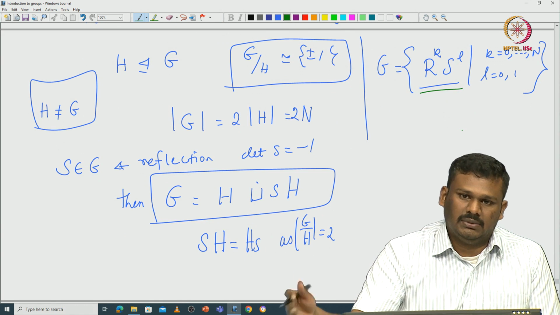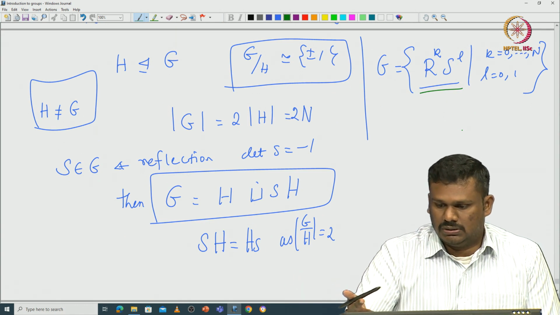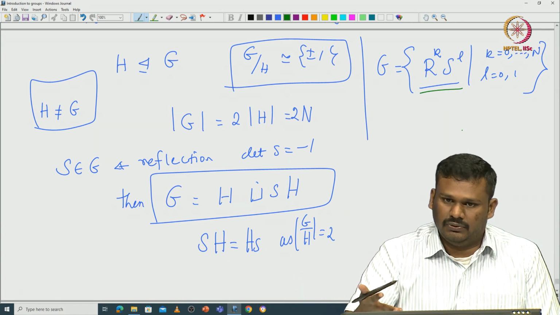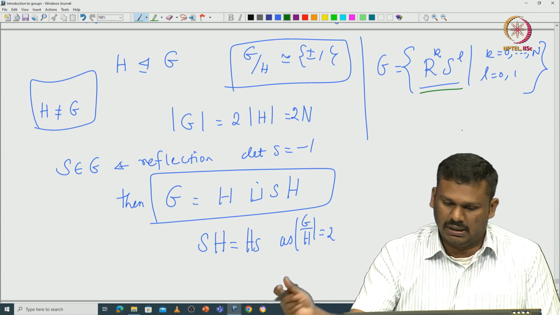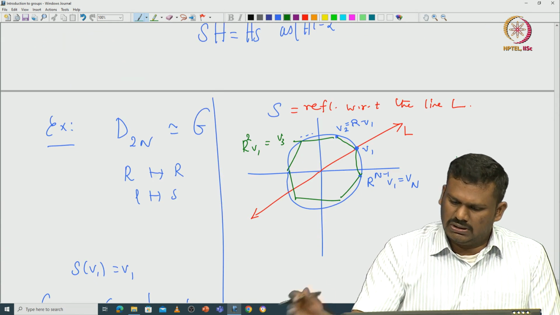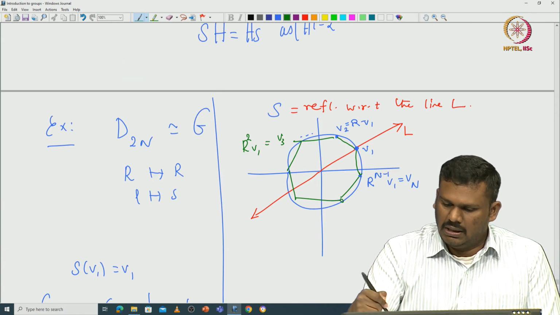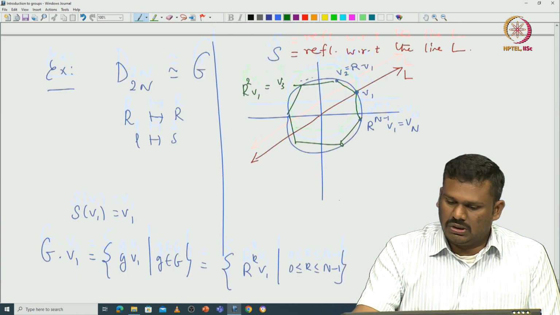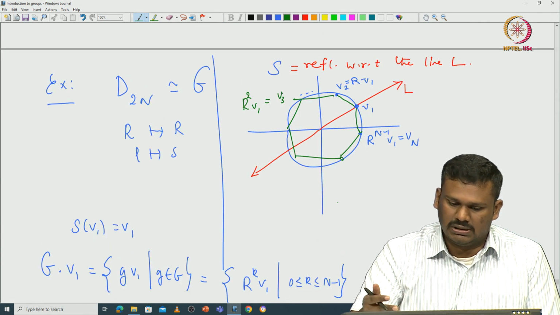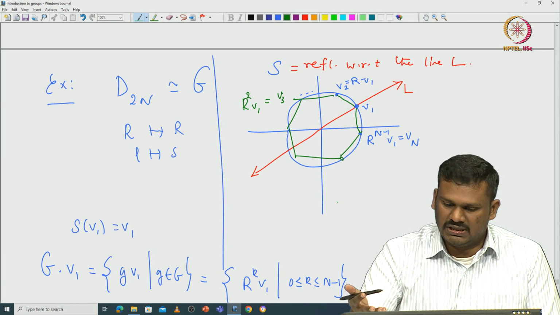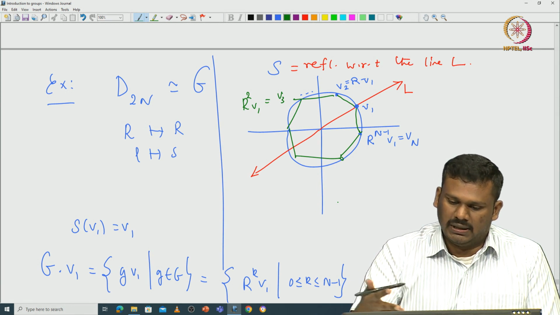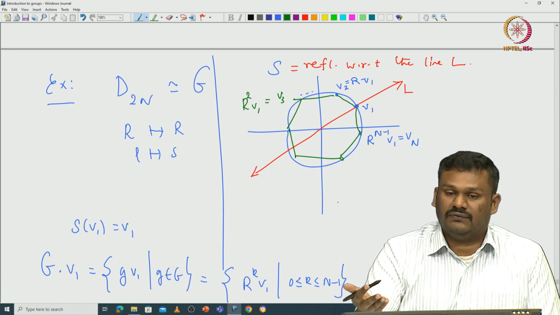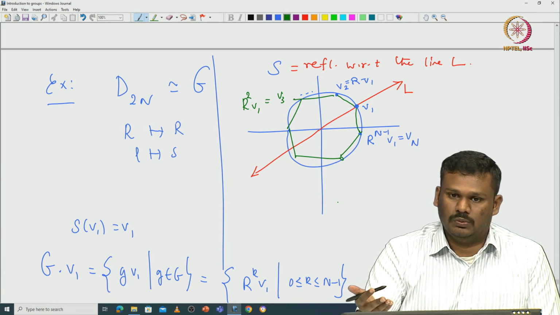Because, like I said, if you make them equal, then it will say that a rotation equals a reflection, which cannot happen. So, this shows that you have a natural n-gon for this group G, on which it is naturally acting, and the symmetries of that n-gon are nothing but your group G.